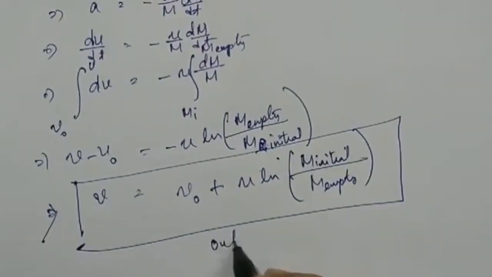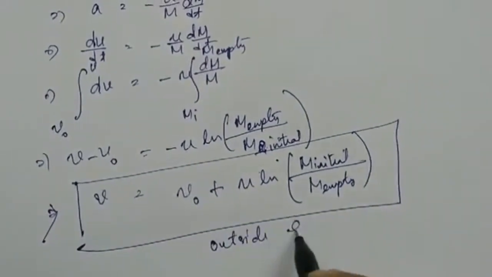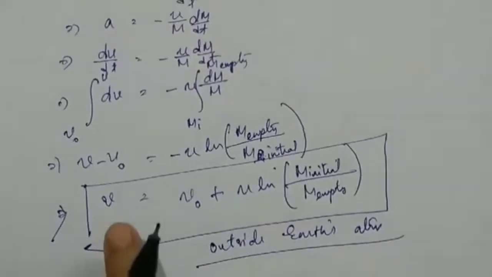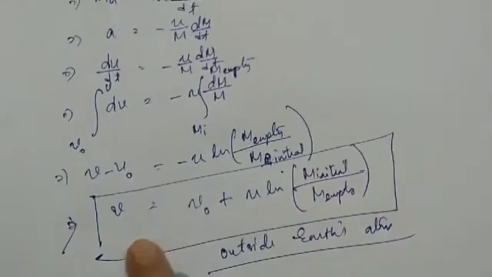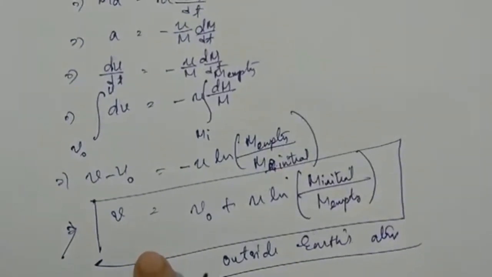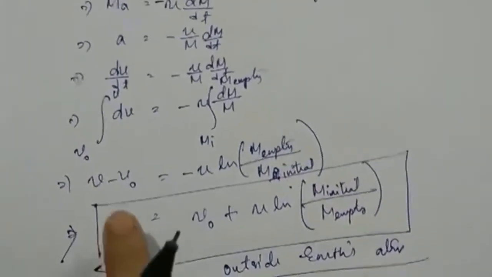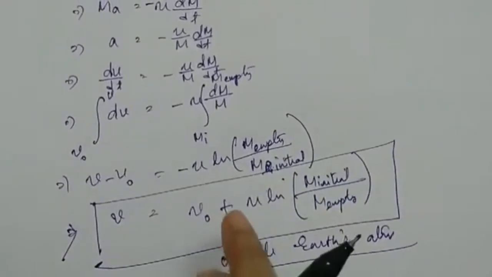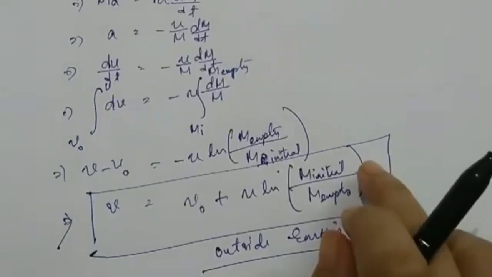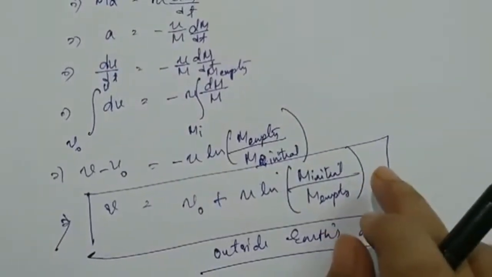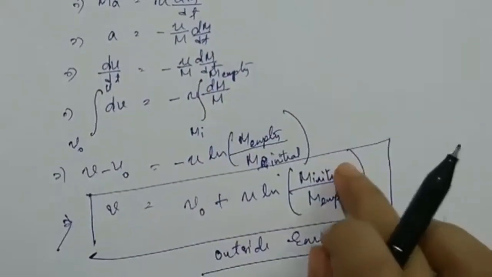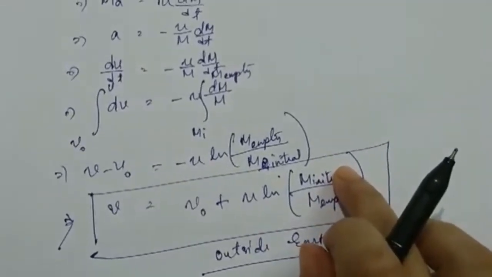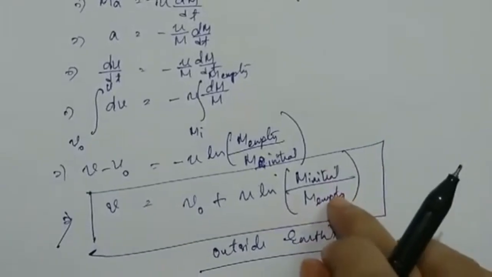So what is the beauty of this equation? This is outside Earth's atmosphere. That means in space, even if you are not with the rocket yourself, you can calculate the velocity of the rocket at a certain instant of time. How? Because when you have the rocket on the ground, you have the parameters, you know how much is the initial mass carried by the rocket, and you know at what rate the mass is being ejected.